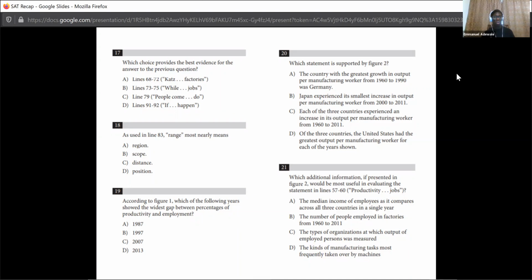Moving on to number 18, as used in line 83, range most nearly means A, region, B, scope, C, distance, or D, position. Again, this is one of those questions where we talk about what a word most nearly means. I'll definitely use the sentence that it's used in to help you figure this out. Okay, I'm seeing B. Yeah, I'm seeing a lot of B's.